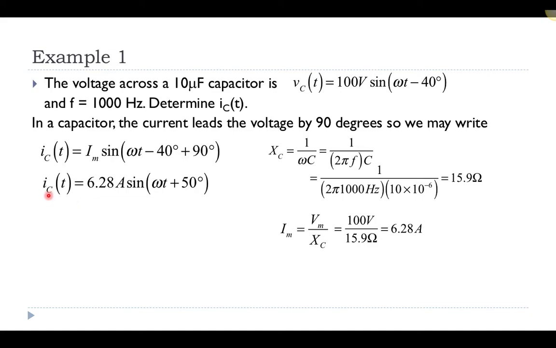So the current that goes through my capacitor as a function of time has a maximum value of 6.28 amps, and it has its phase shifted to the right by an angle of 50 degrees, which leads by 90 degrees from the voltage supply.